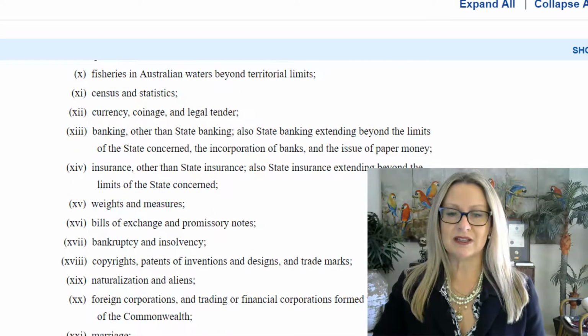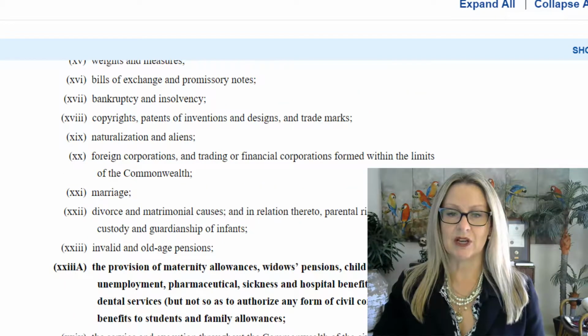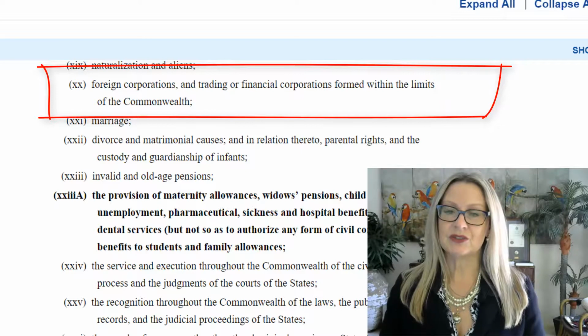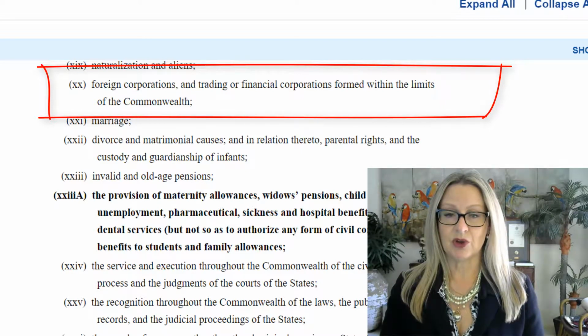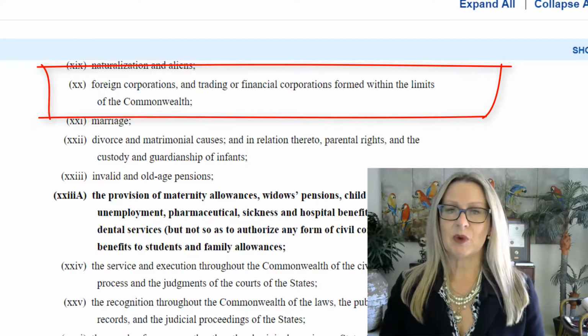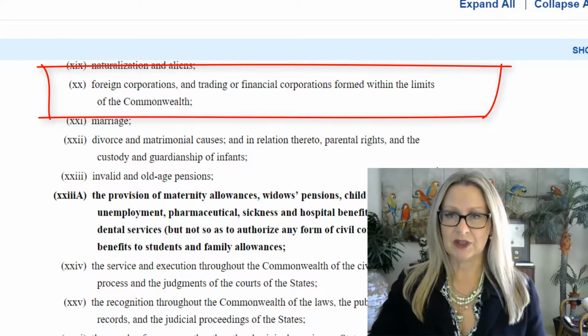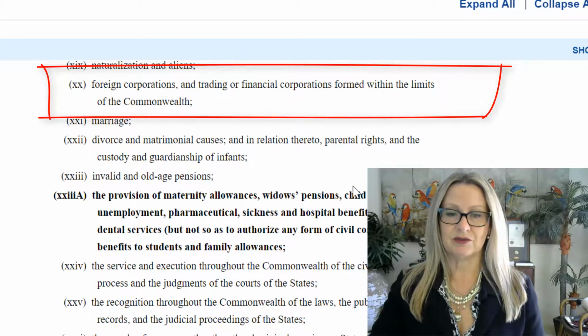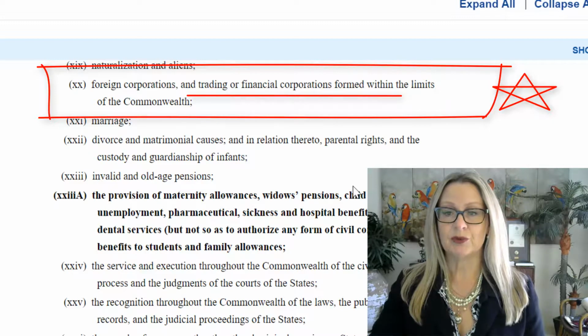And then we come right down to head of power number 20, and that is foreign corporations and trading or financial corporations formed within the limits of the Commonwealth. Now, there are a couple of other ones that are relevant for us, but the main one for the purposes of the Competition and Consumer Act is section 51(20), the head of power of trading and financial corporations formed within the limits of the Commonwealth.